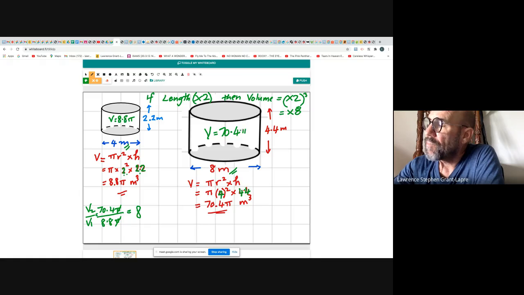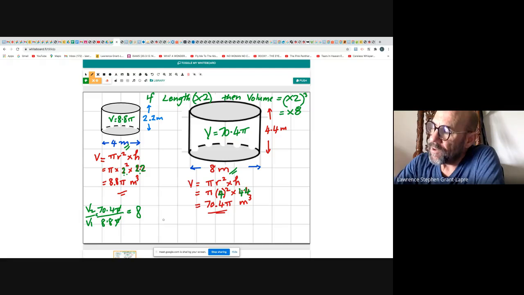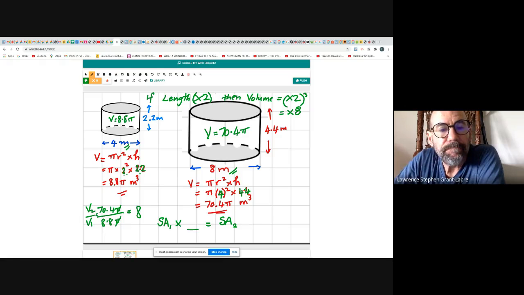70.4 pi. And just to leave you with this idea, the surface area of this small figure is times how much to get the surface area of the bigger figure? What do you think? Length is 1 dimension.